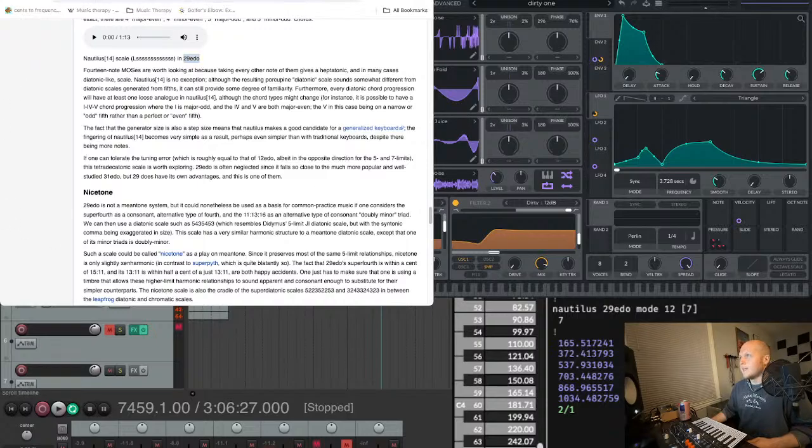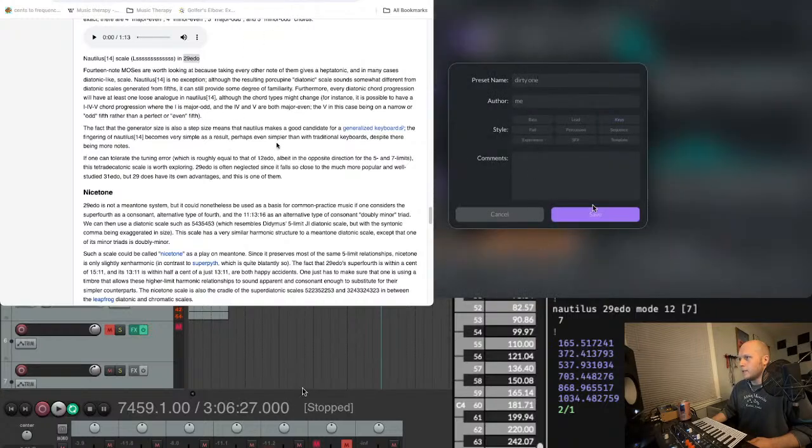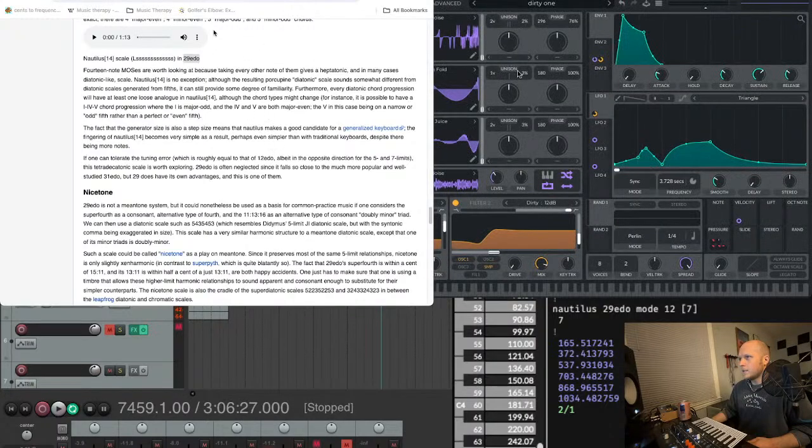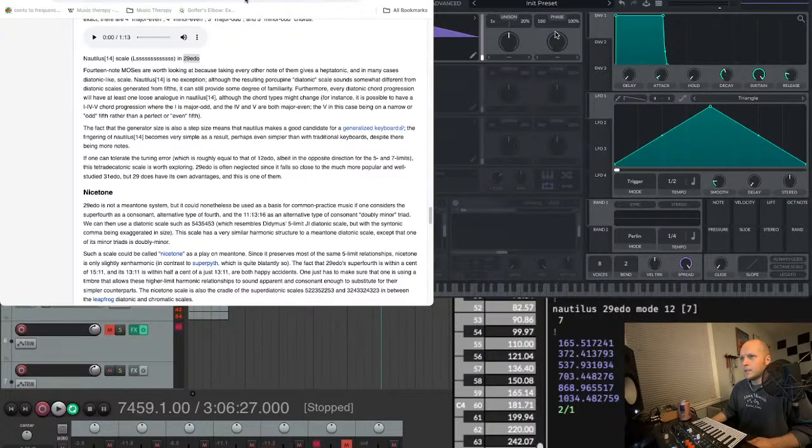So yeah, and in fact, if I change the sound on Vital, let me make sure this is saved. If I just initialize the patch real quick, you can probably hear the octave a little clearer.